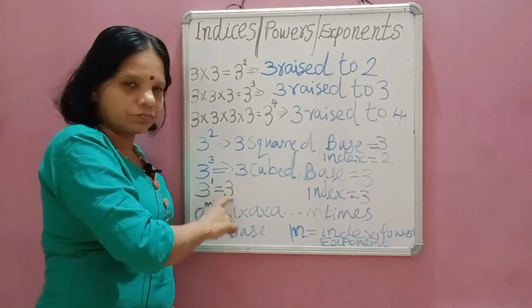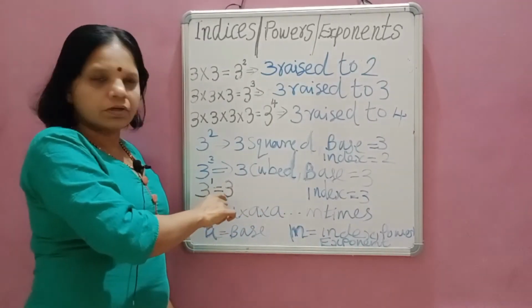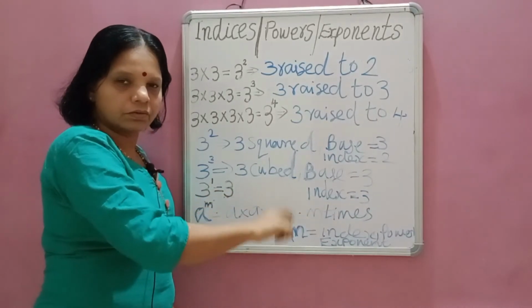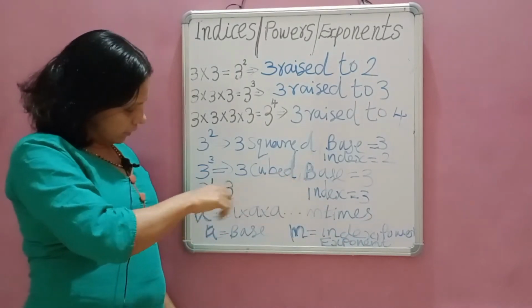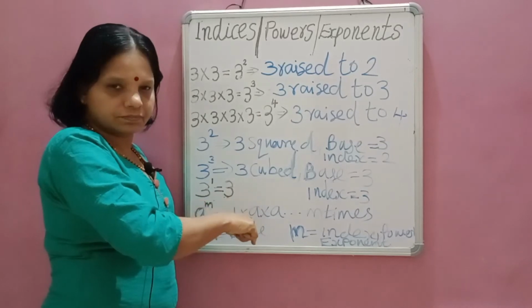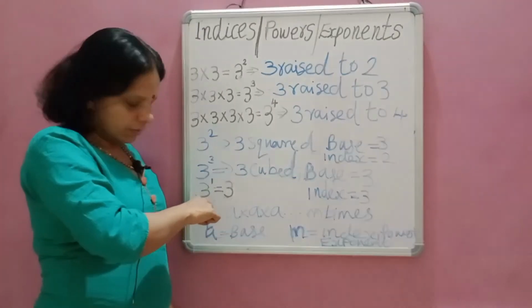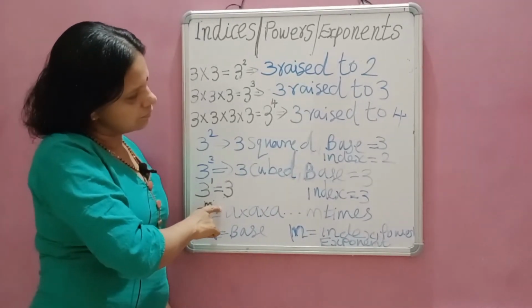If m is 4, 4 times: A into A into A into A. If m is equal to 7, 7 times: A into A into A into A into A into A into A. So this is the general form of indices: A raised to m, where A is the base and m is the index.